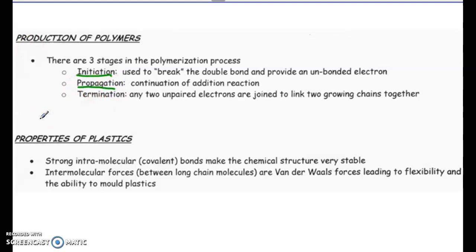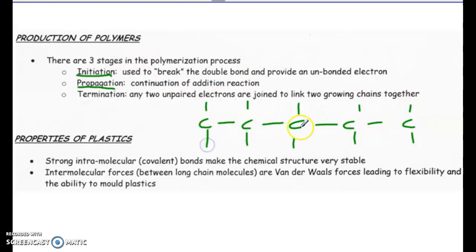Now, at the end of the reaction, you have to imagine at the end you're going to have, let's say here's my chain. 2, 4, make it even. So at the end of the reaction, you're going to have 2 carbons that are going to be lacking bonds because let's say you run out of monomers. What ends up happening is typically the carbon still needs a bond. So what it will do is that it will actually link to another growing chain.